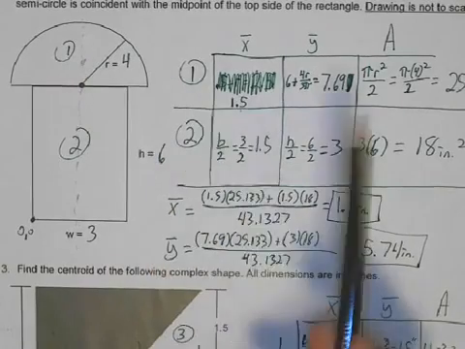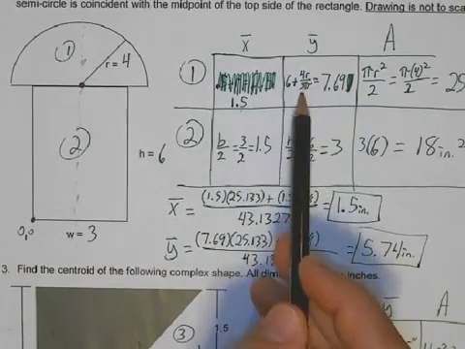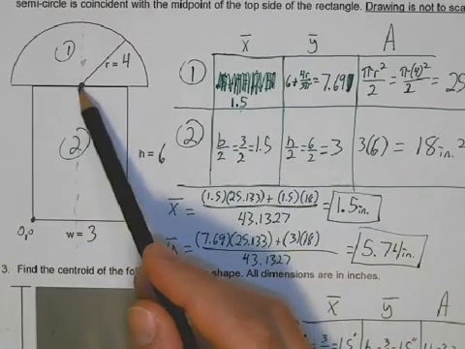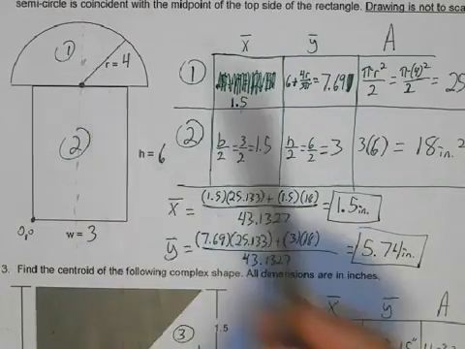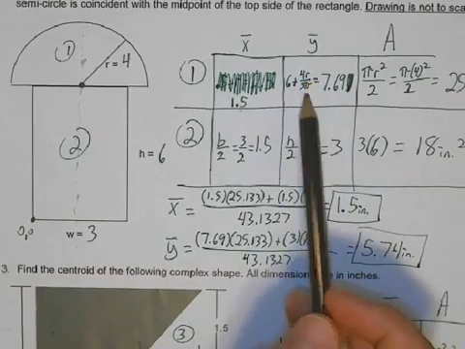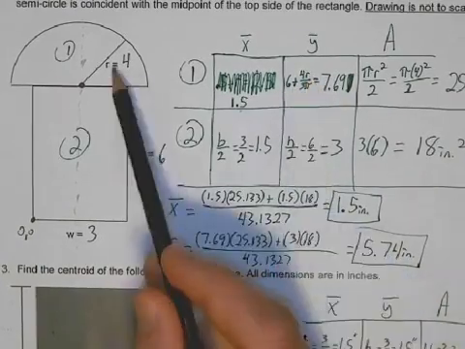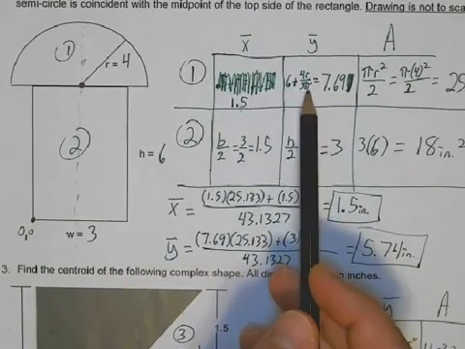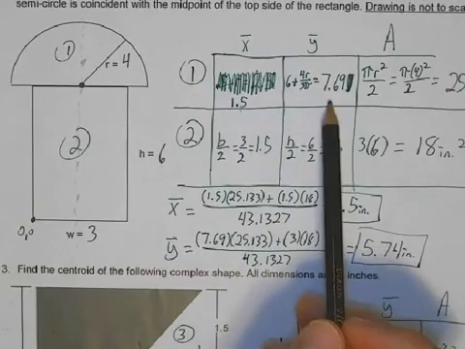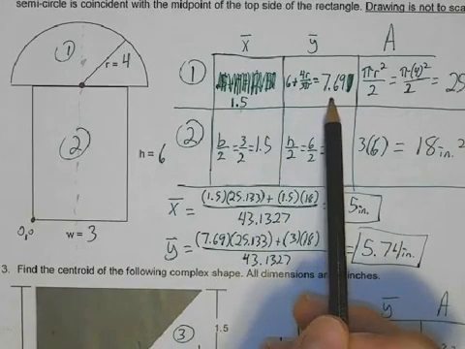And the equation for that is 4r divided by 3 pi. So I'm going up 6, and then a little bit more, 6 plus 4r divided by 3 pi. So 4 times 4 is 16 divided by 3 times pi. And I add that to 6, so I get my y centroid located at 7.69.